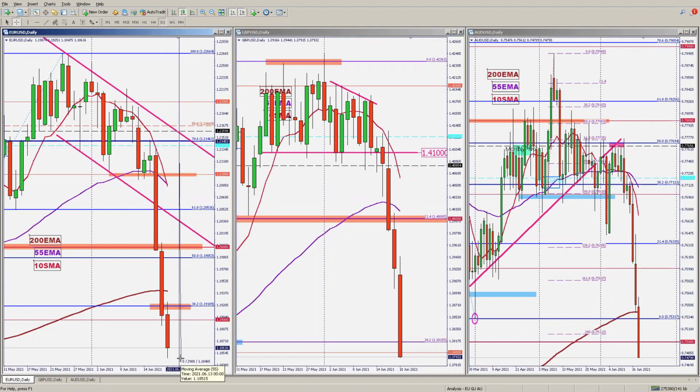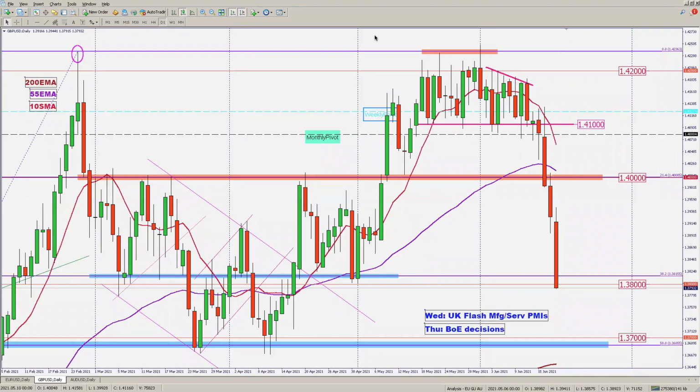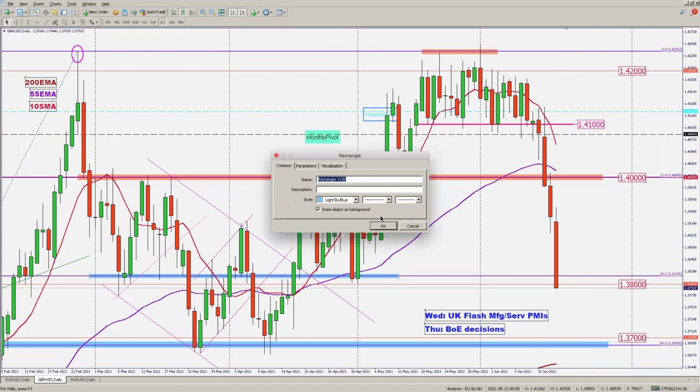Yeah, about 300 pips. Okay, so now this 38 fib is also going to be a resistance zone.